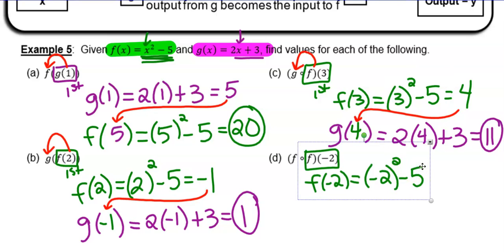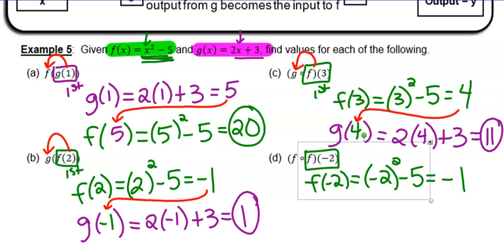This is really important: use parentheses around the negative 2. If you did not have parentheses around the negative 2, you will get a different answer on your calculator, because your calculator won't realize that the negative is part of the 2 that's being squared. So negative 2, all of that in parentheses, squared minus 5 comes out to be negative 1. If you don't have parentheses, you will get a different answer, so check how you're inputting that.